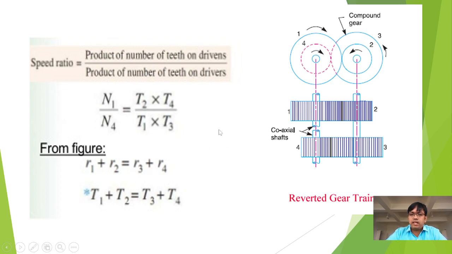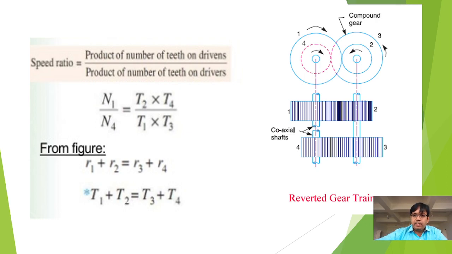And we have assumed that the module of the gears is the same. Therefore, when the module is the same, the radius is directly proportional to the number of teeth on the gear. So R1 plus R2 equals R3 plus R4 can also be written as T1 plus T2 is equal to T3 plus T4. So this is about the reverted gear trains.